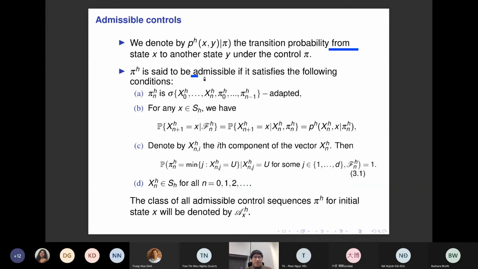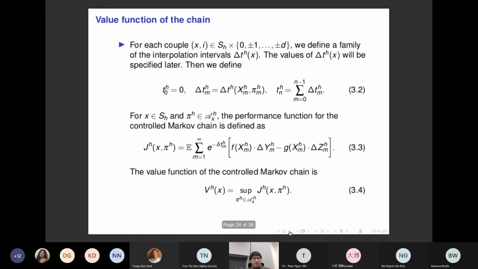So we introduce admissible control for the Markov chain. And this is just the translation from the continuous model to Markov chains. So it's not a big problem. So let me just go on.